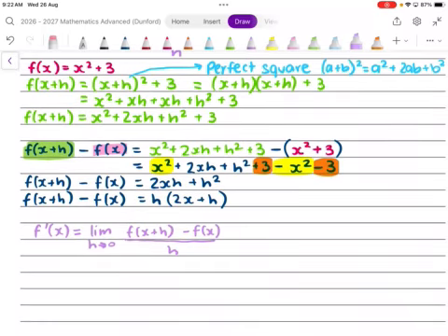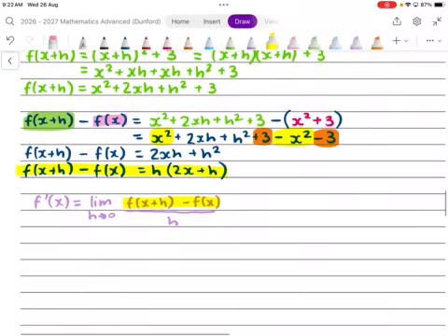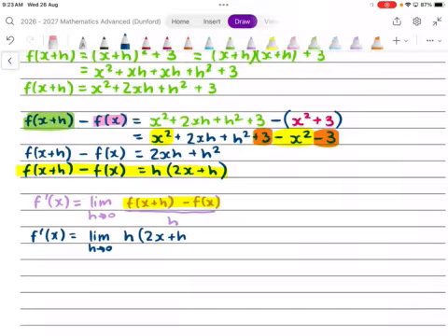So what we will be doing is substituting in our f of x plus h minus our f of x onto our numerator there. So we will have f dash x equals our limit as h approaches 0 of h lots of 2x plus h, all over h.